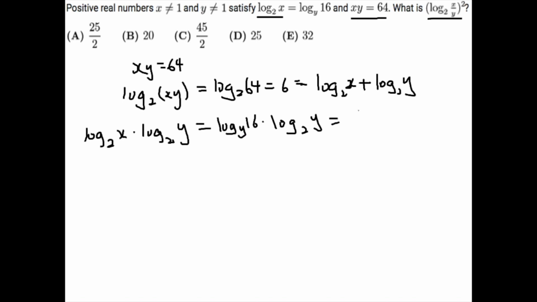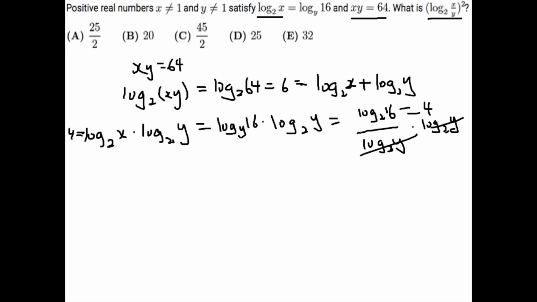So this is going to be equal to log base 2 of 16 over log base 2 of y times log base 2 of y. Obviously these cancel, and you're left with log base 2 of 16, which is equal to 4, since 2 to the 4th is 16. So I'm going to write 4 equals over here.